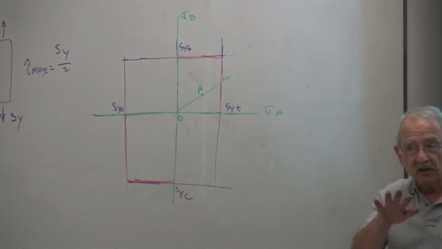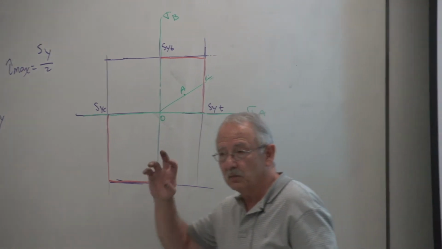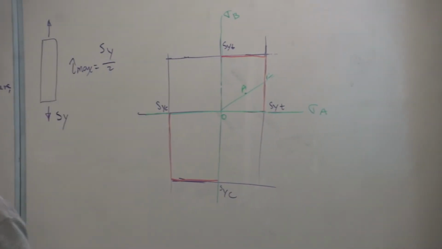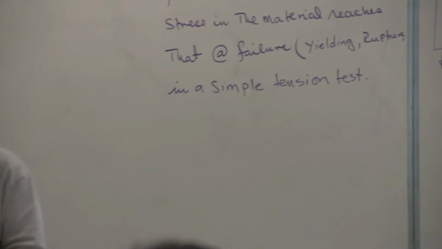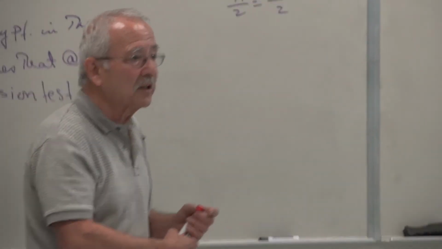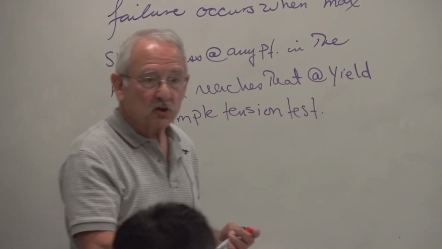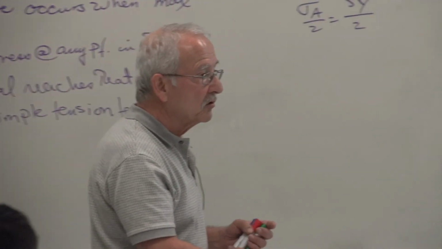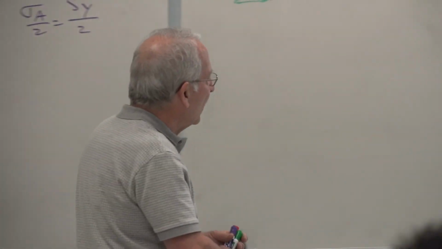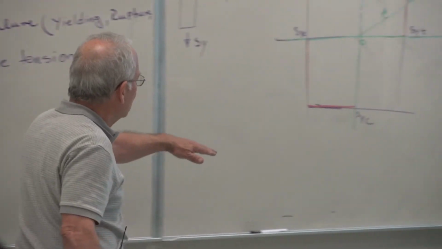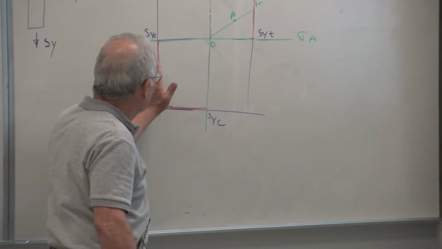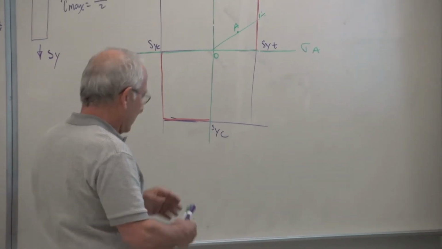Does everybody understand that this will be the case? And if you have any questions, please go ahead and ask. I'll show you that that is the case if they're both negative. The one that has the larger magnitude reaches the yield strength in compression first. And it could be either here or here. Now, let's put that in here too.